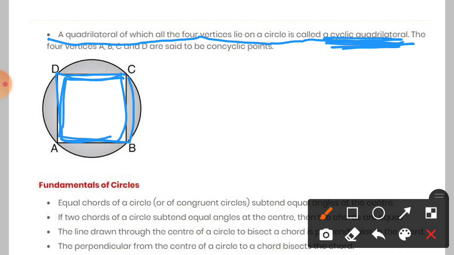It is a cyclic quadrilateral, because the 4 points lie on the circumference of the circle, correct? A quadrilateral in the circle with all 4 points lying on the circle is called a cyclic quadrilateral, correct?